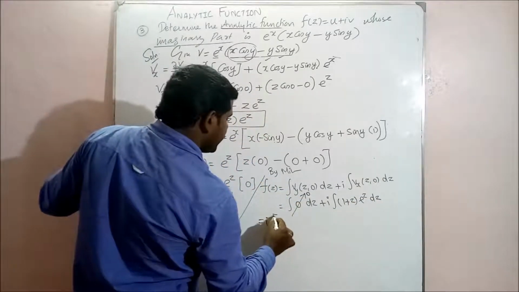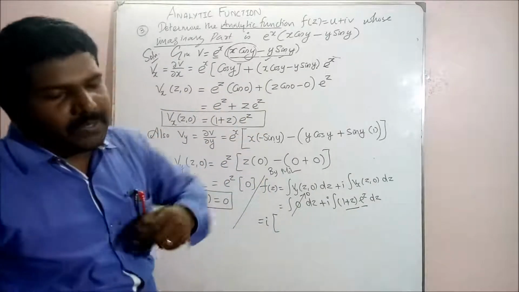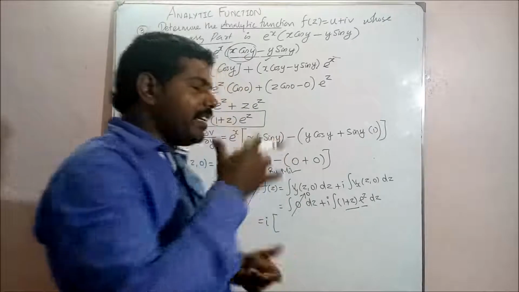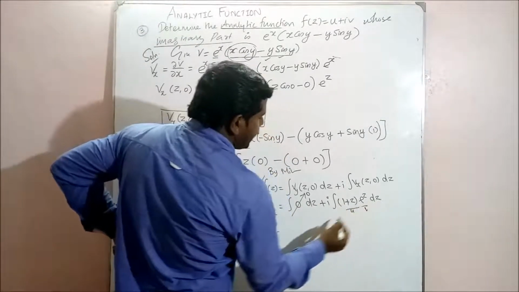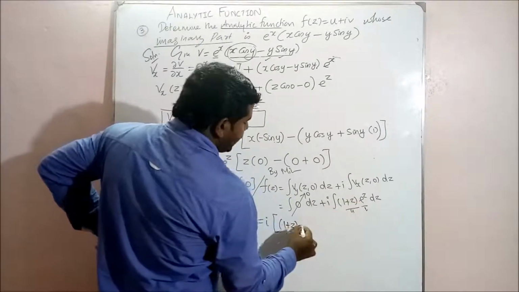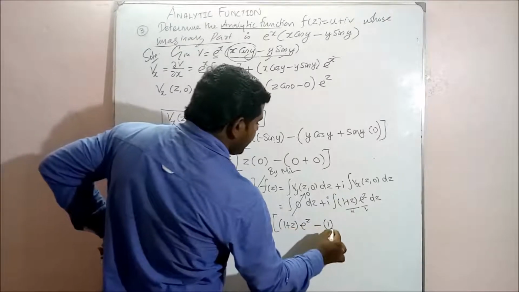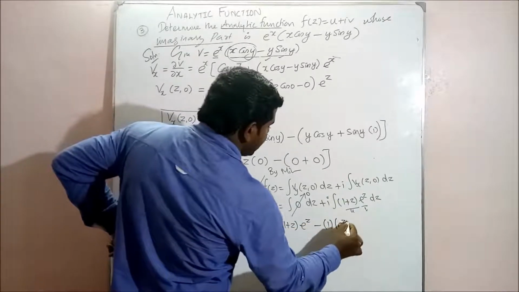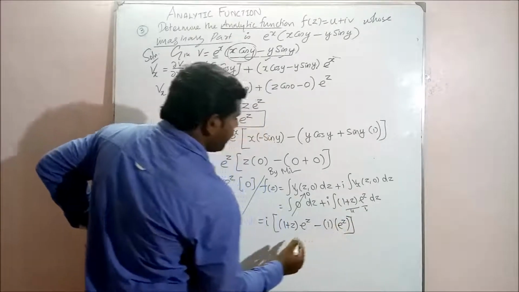That is equal to i into, here the product of two terms is inside the integral, so here we can use Bernoulli's formula. So this is the first term: u v dz, first term into 1 plus z into the integration of the second, e power z, minus derivative of this one into again the integration of e power z, plus differentiating gives 0, so we can stop the Bernoulli.